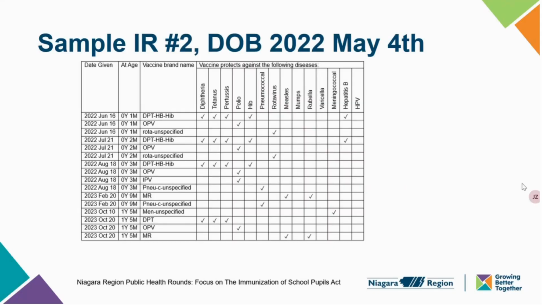Now, there's a couple of things you can do with this child in this situation. If you follow the word of the publicly funded schedule, technically it would be a 4-dose polio series for this child because they are under 4 years of age.